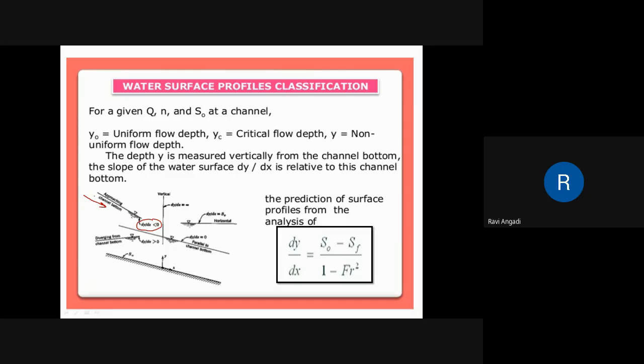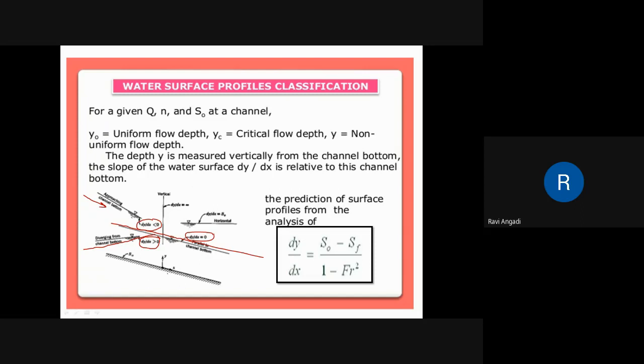Suppose dy by dx is greater than 0, it is moving in this way, going up. If dy by dx is equal to 0, it will be flowing with a normal depth like this. Is it clear?